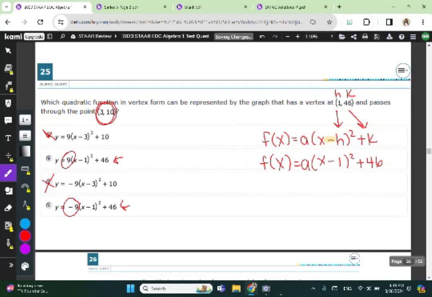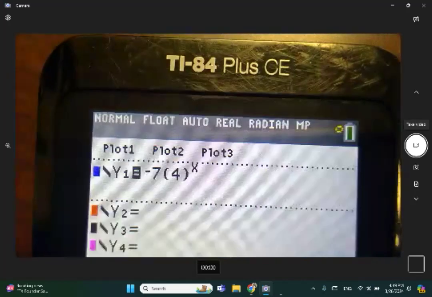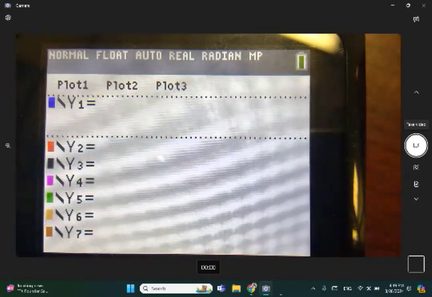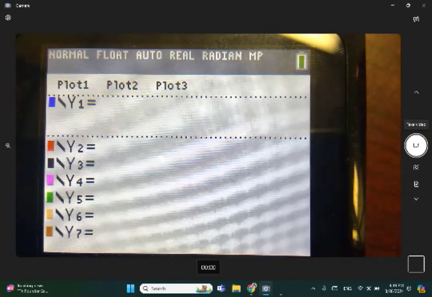So we're going to go back to our calculator. Go to y equals. Clear whatever you have out. We're going to type in 9 times x minus 1 squared plus 46.